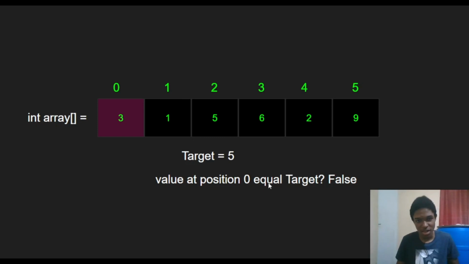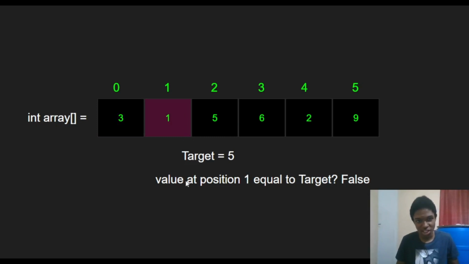So then it moves on to the next element within our array, which is at index position 1. So it checks to see, is 1 equal to the target? In that case, it is false because 1 is not equal to 5. It then moves on to the next element.